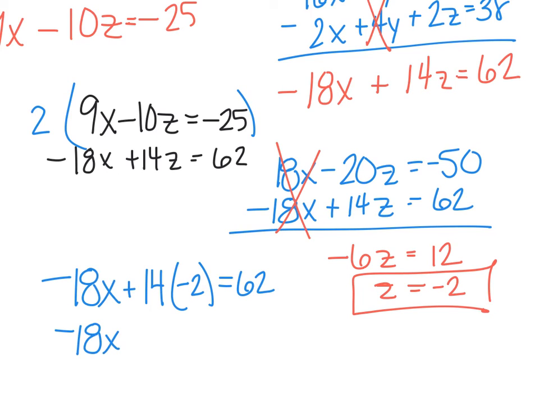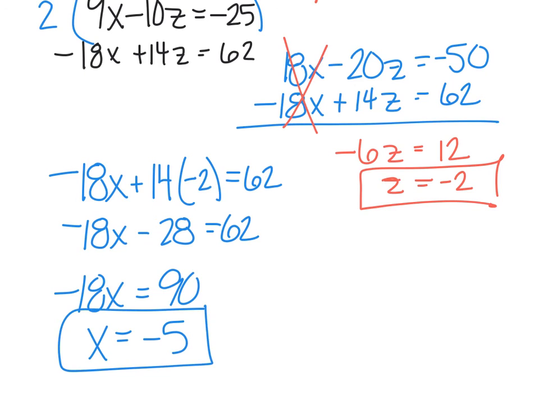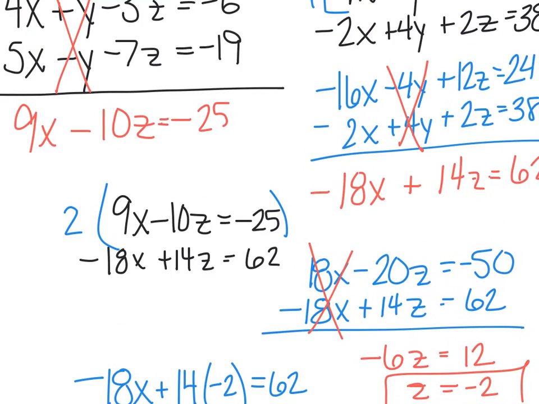So -18x minus 28 equals 62. -18x equals, is that 90? Therefore, x equals -5.